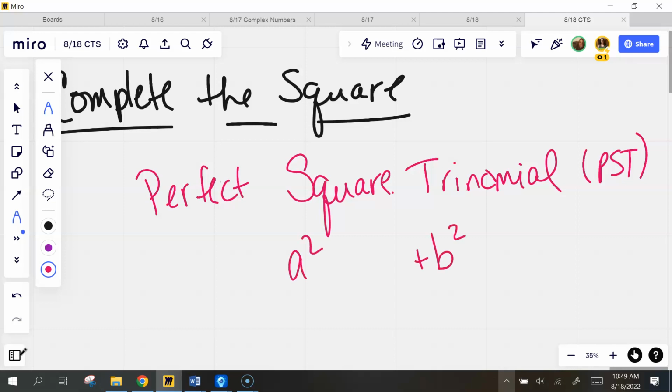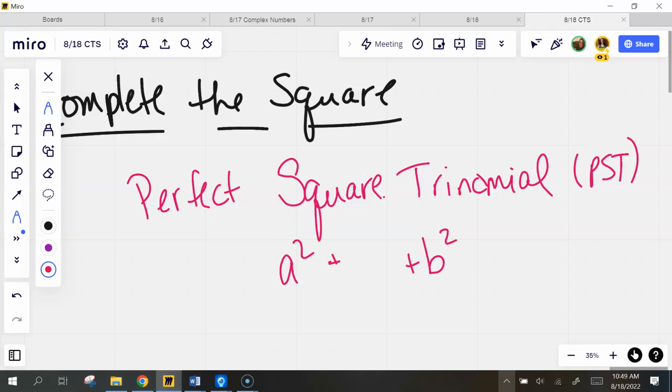The second sign is plus. The middle sign can be plus or minus, but you take the square roots of the ends, multiply and double. The square dance.